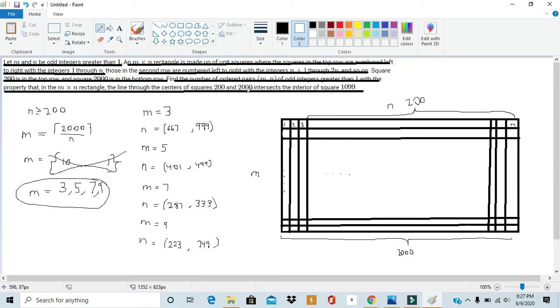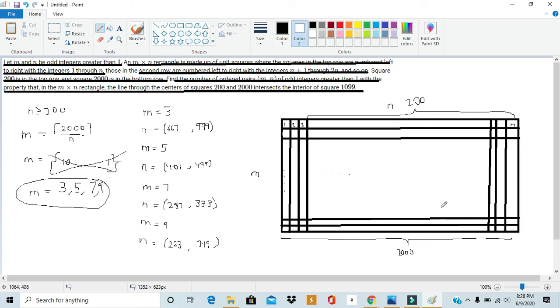Now the deal with this median value means that any line through the centers of squares 200 and 2000 will always go through the center of square 1100. So if we take an idea what this diagram would look like, 1100 would be somewhere in the middle of these two squares.